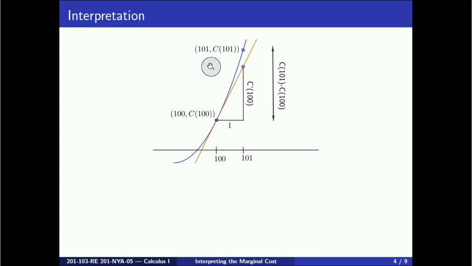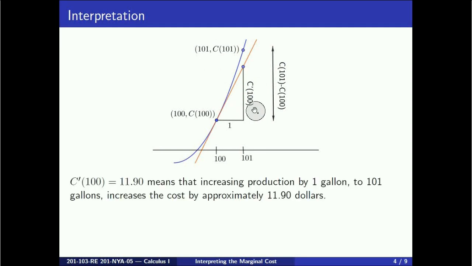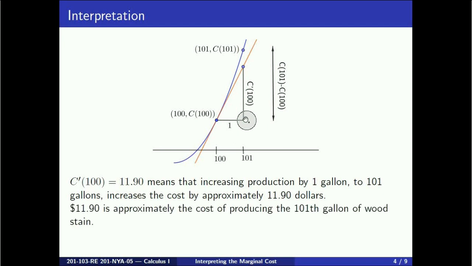Therefore, C prime of 100 equals $11.90 means that increasing production by 1 gallon to 101 gallons increases the cost by approximately $11.90. Or to put it differently, 11.90 is approximately the cost of producing the 101st gallon of wood stain.